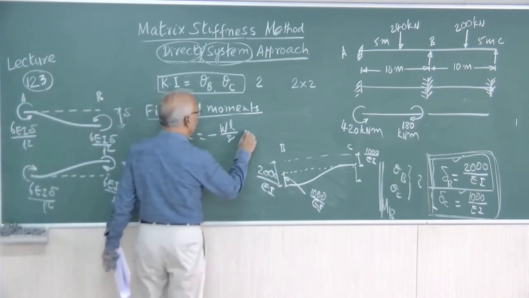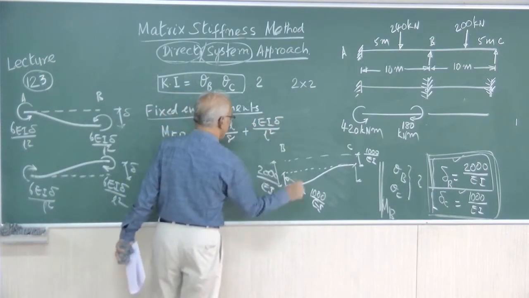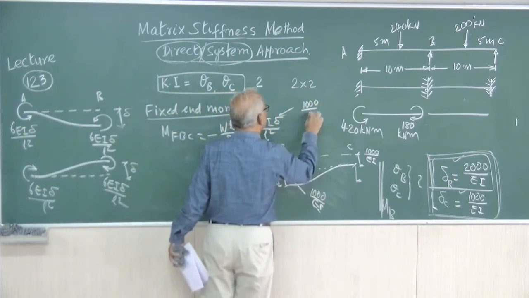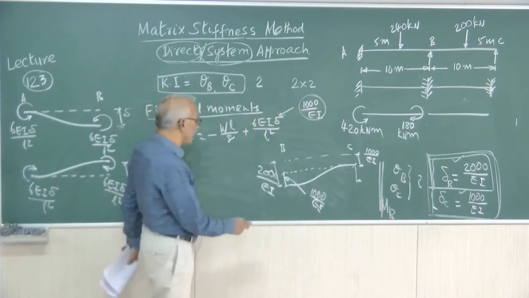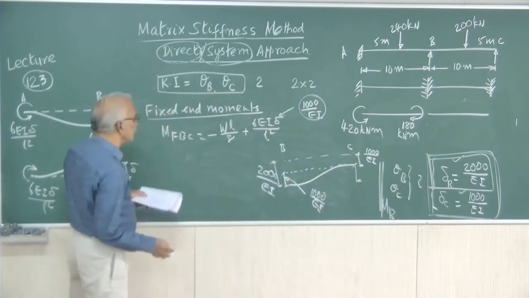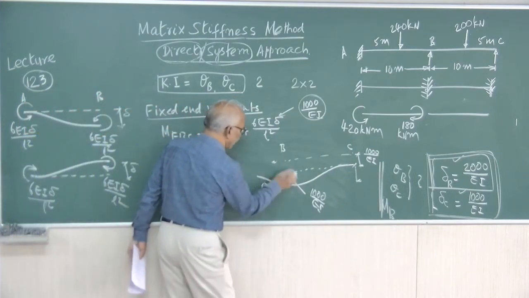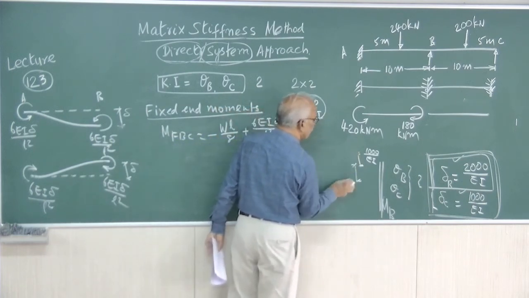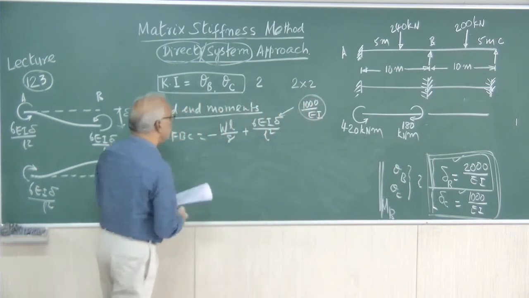Here 1000 by EI is not the given value; it is the net settlement, the net distance by which it moves up. That is very important in the calculation. The problem is easy, but understanding this is important; we have already done these things in the classical methods, so that will not be a problem.